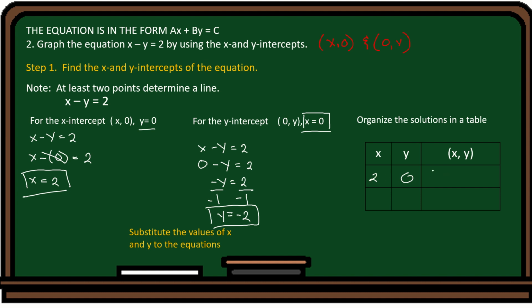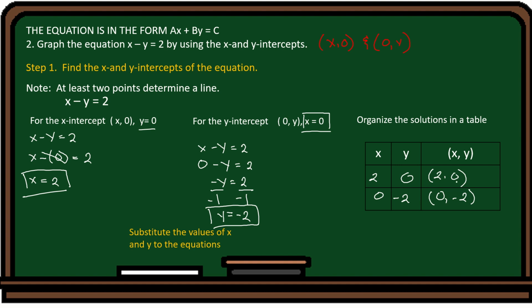Now, remember in writing an ordered pair, x comes first, so (2, 0). So this is your x-intercept, where your y is equal to 0. Now, if your x is 0, the value of your y is negative 2. So we have (0, -2) for your y-intercept. So we already have 2 points.